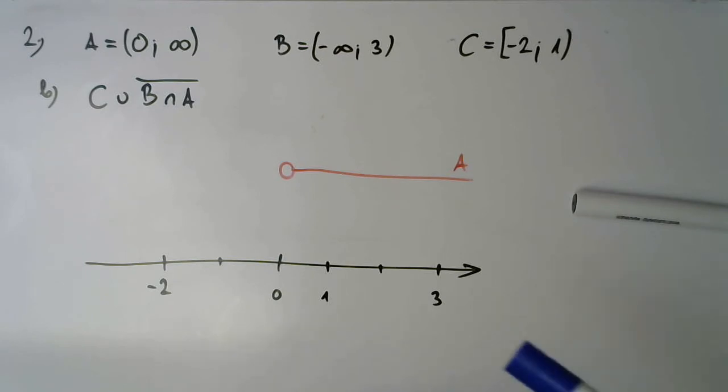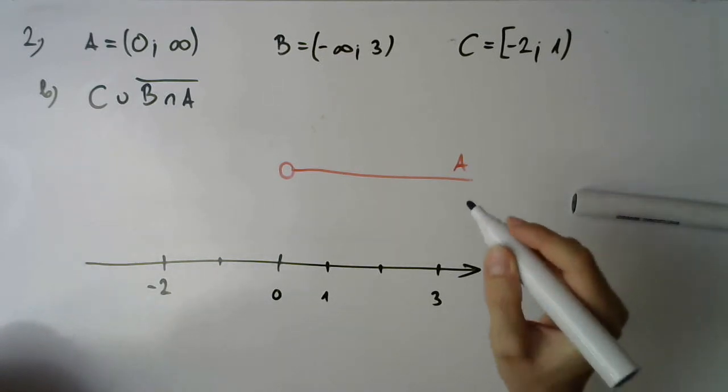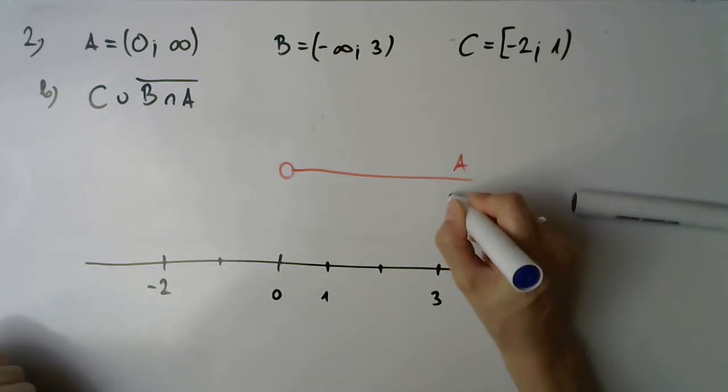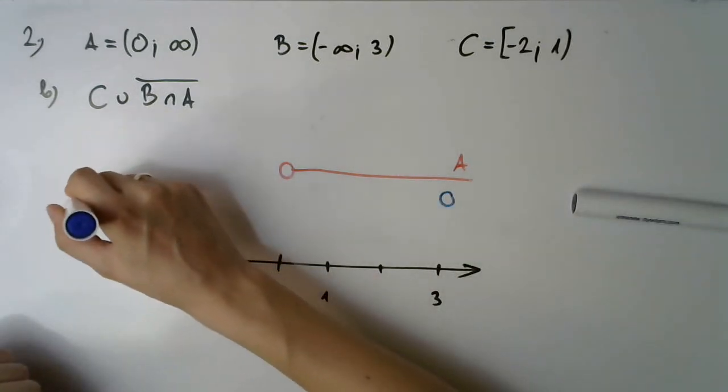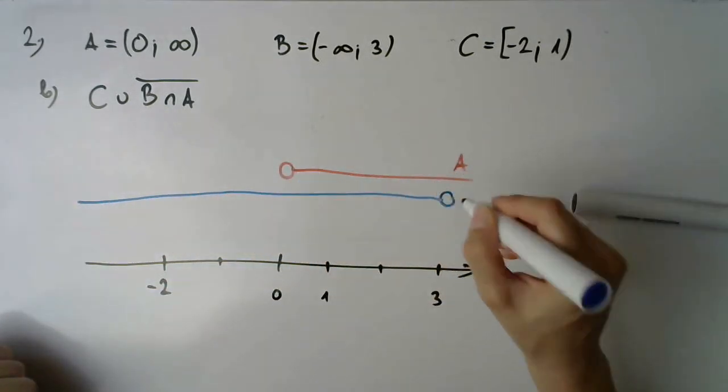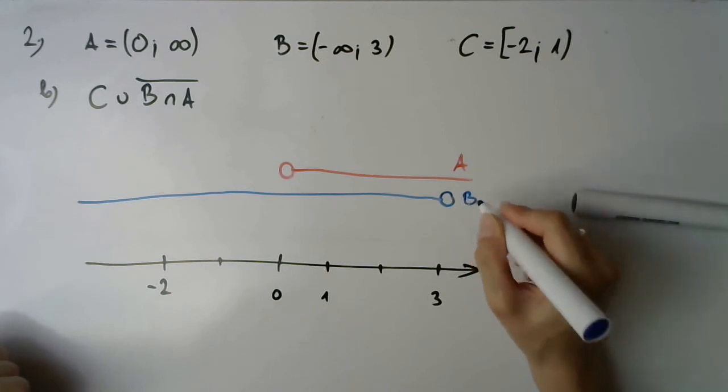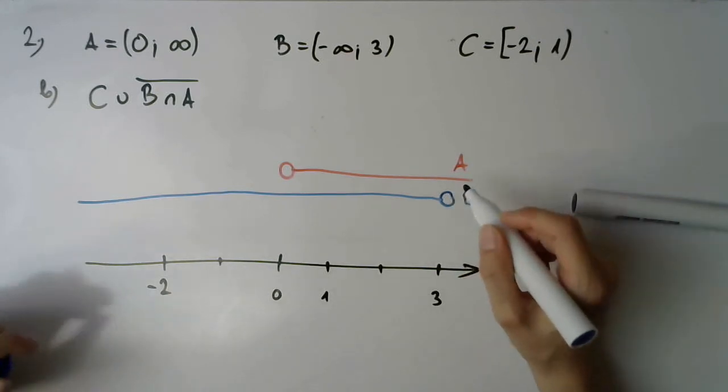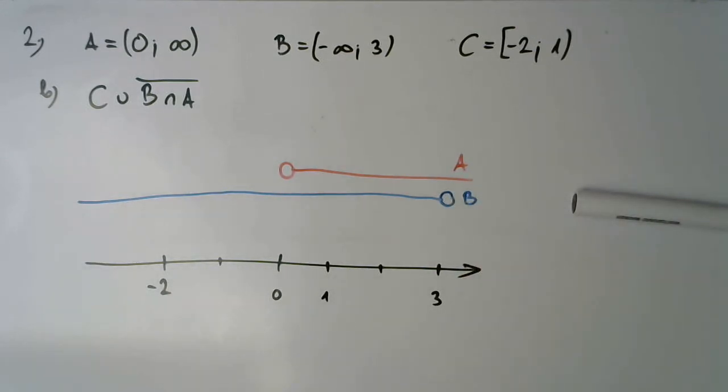Interval B will be blue. This is also an open interval. One of the ends is at negative infinity. The other one is at 3, open, so I draw an empty dot. And the third interval, C, is from negative 2 to positive 1.